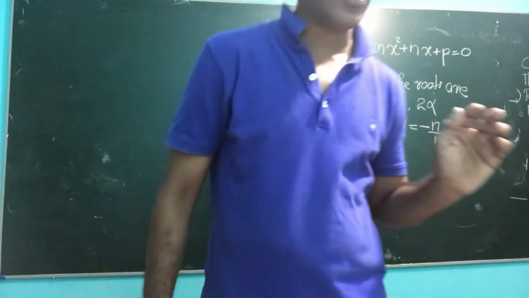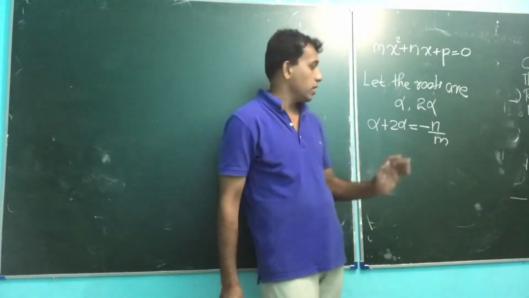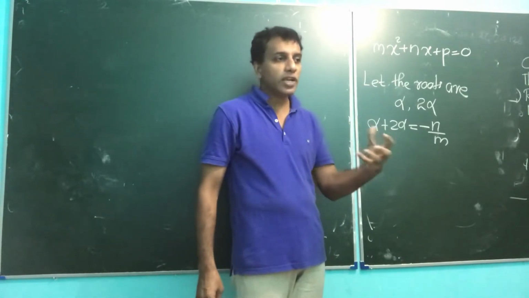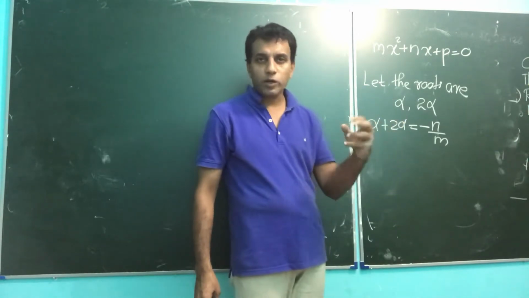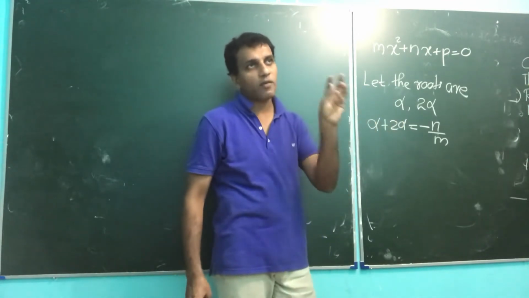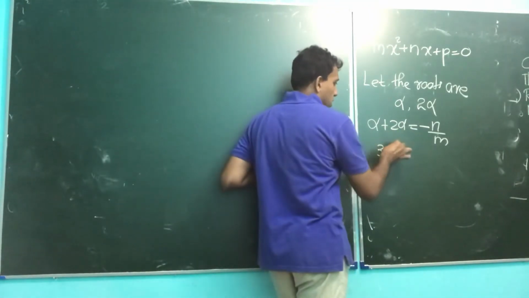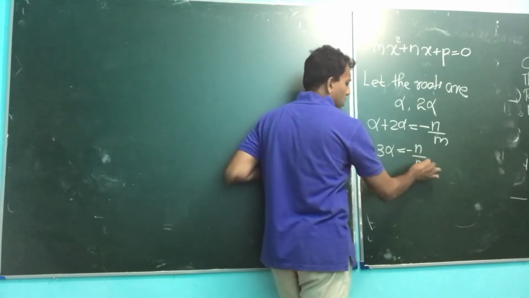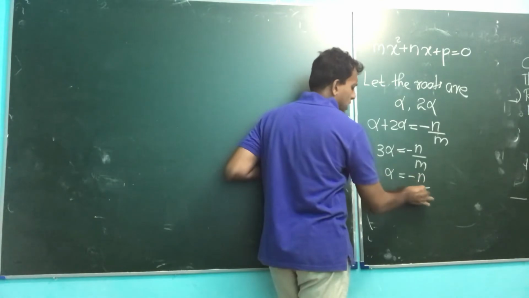Whatever we mention in a particular problem, we have to eliminate it, or calculate the value of alpha. That's important. So the sum is 3 alpha, right? 3 alpha is minus n over m. So what is one alpha? Minus n over 3m, right?